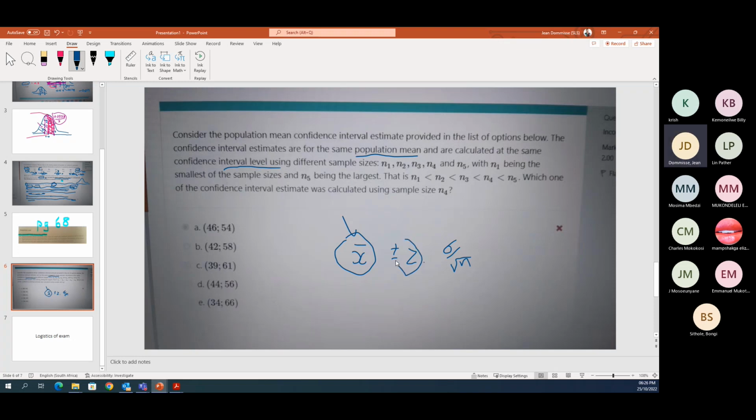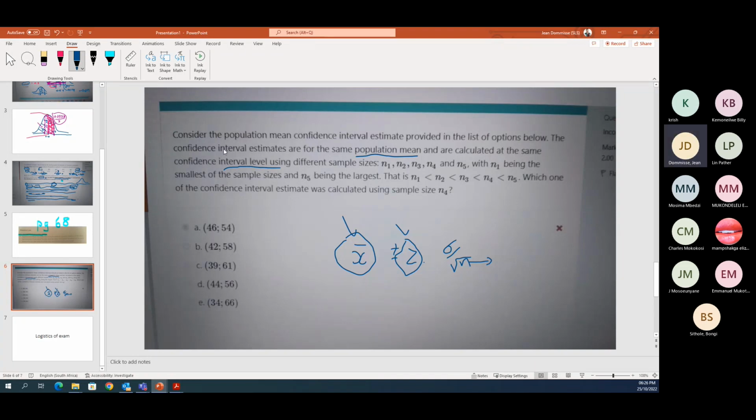So that automatically stays the same, using different sample sizes. So that's the one that is changing, where N1, N2, N3, N4, and N5, with N1 being the smallest and N5 being the largest.